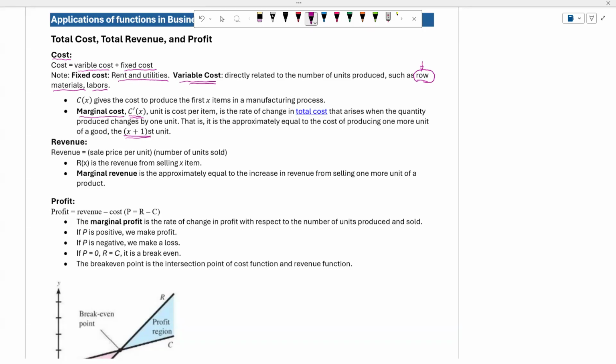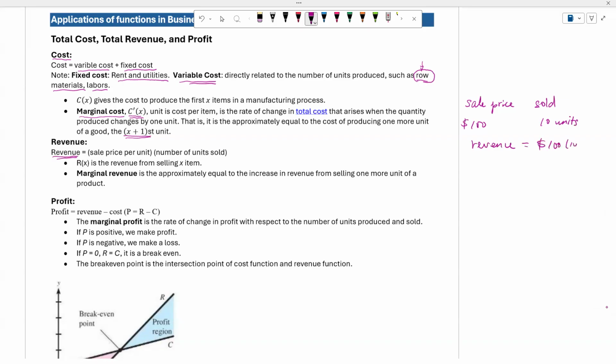Okay, then in this case, how about the revenues? Revenue basically is the sale price per unit multiplied by the number of units sold. Okay, so in this case, for example, if you have a product that the sale price is maybe $100, and then you sold 10 units, okay, then of course in this case your revenue will be 1,000 then, right?